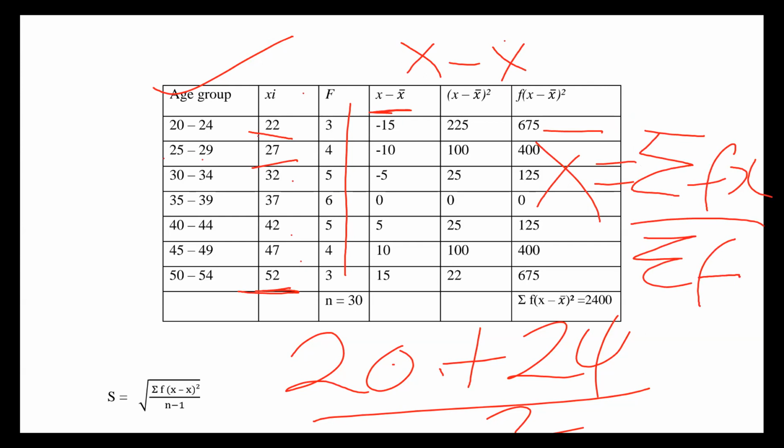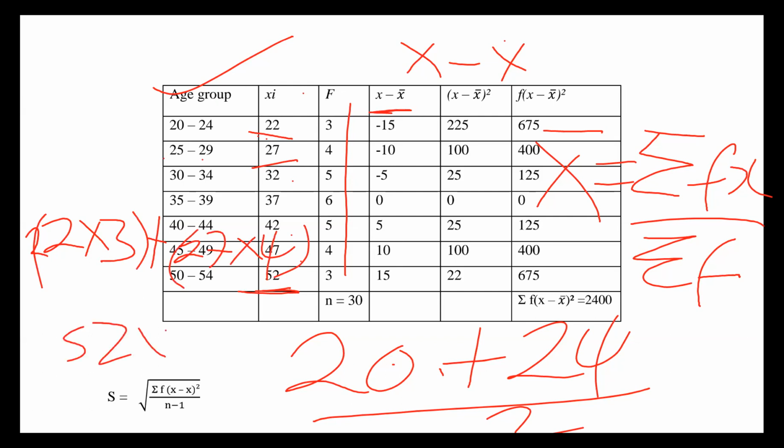So for example, here you say 22 times the frequency 3, plus again, you go to the other number, which will be 27 times 4. You keep on adding down to the last, which will be 52 times 3, okay? Then once you add everything, you divide by the total frequency.